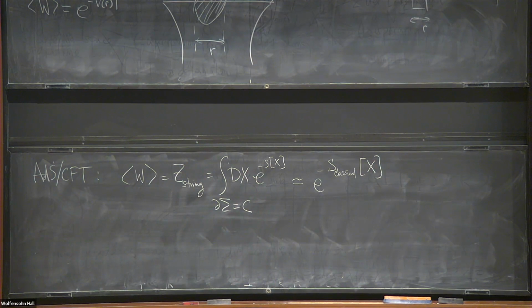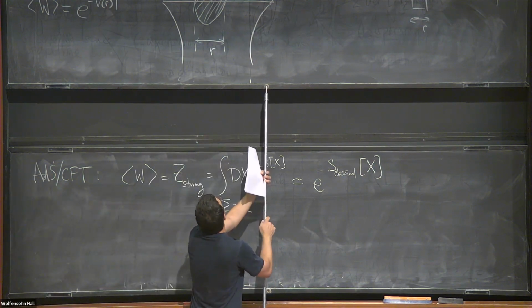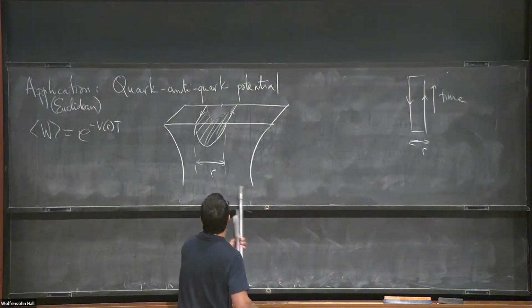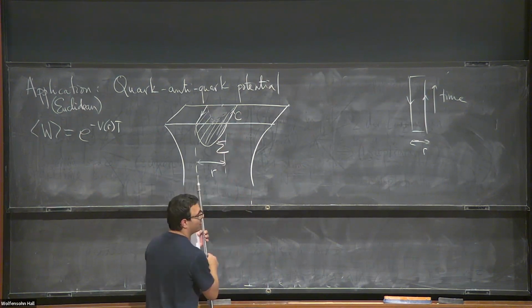I want to denote the string worldsheet by Σ, and the curve on the boundary by C. So the boundary of Σ would be C.